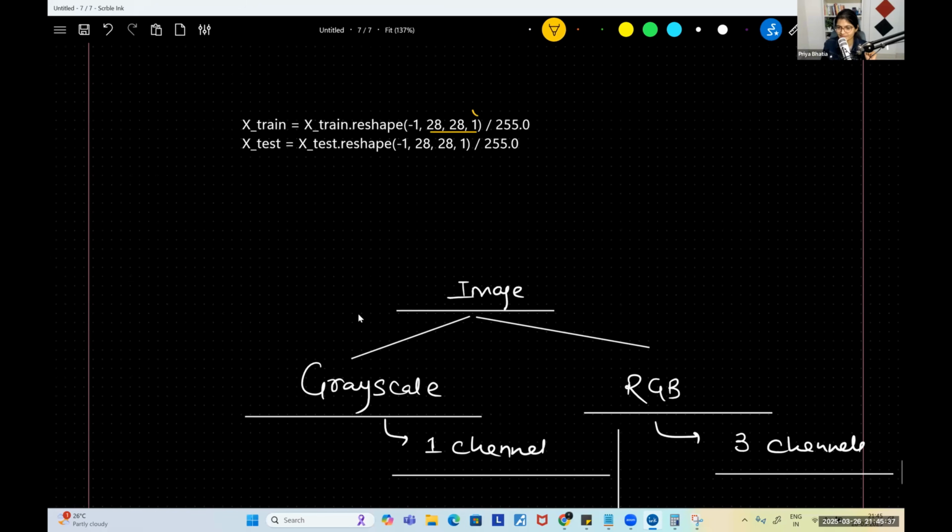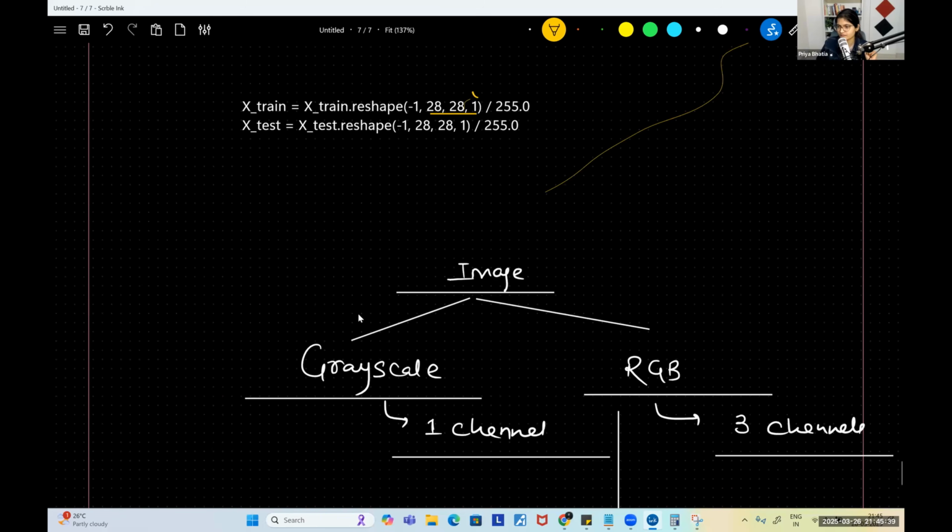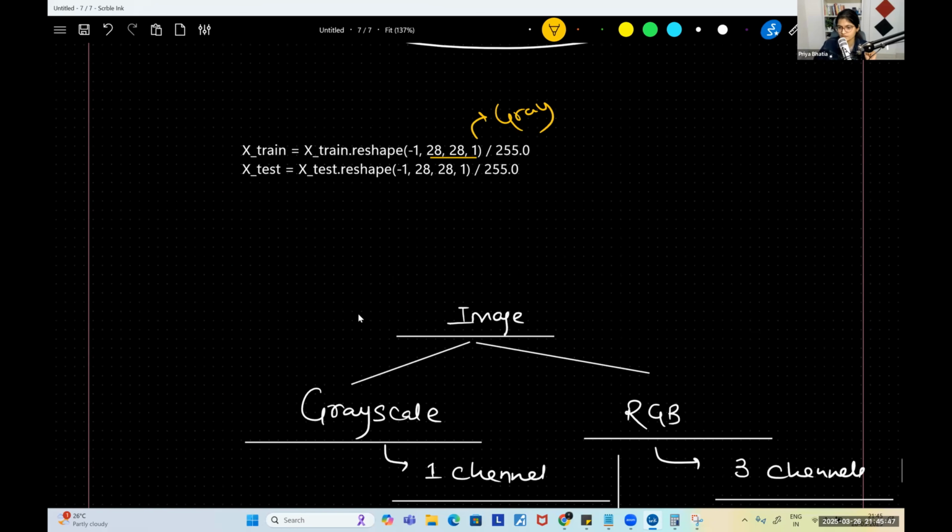And this 1 indicates that this is a grayscale image. If it's an RGB image, it will be mentioned as 3. Is this clear to everyone?